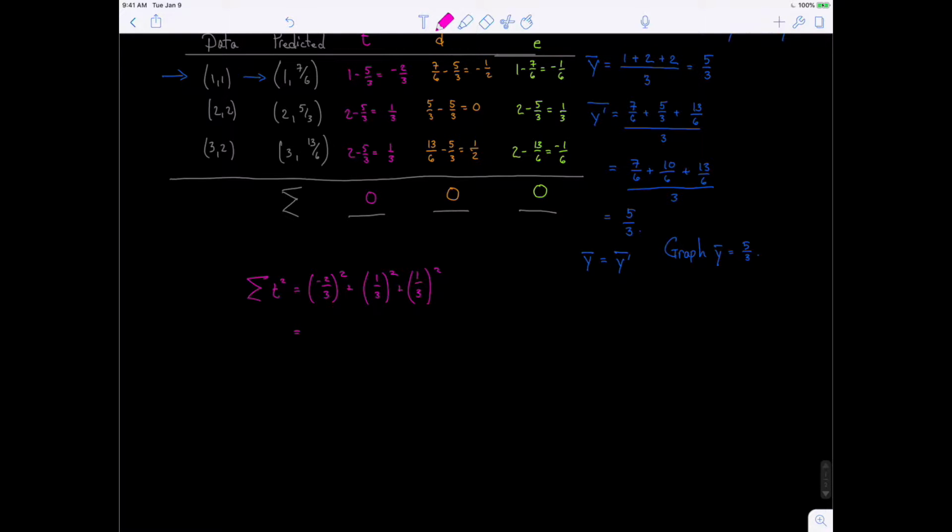When I do that, I get 4/9 plus a ninth plus a ninth. That's 6/9, which is the same as 2/3. And we're going to give this a name. We're going to call this the total variation of the y's.